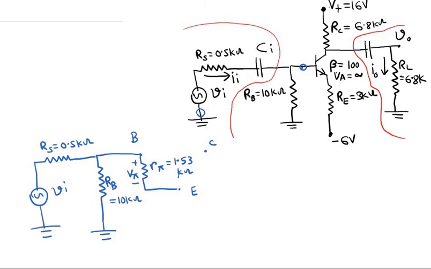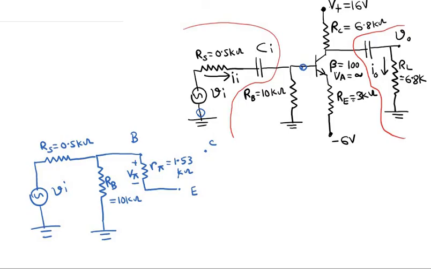The emitter here is actually connected to this minus 6 volt source through this emitter resistance Re. Now we have earlier discussed that a DC voltage source cannot act as a source for the AC current.